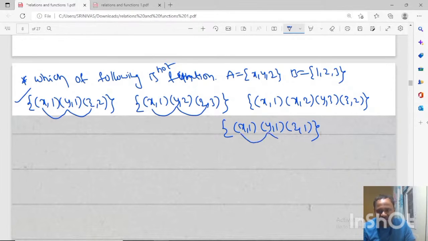Here x, y, z all are used, it is also a function. But here, see this, two ordered pairs have the same x coordinate. That's why it is not a function. Okay? It failed the property of function. That's why it is not a function. The correct answer is the third one.